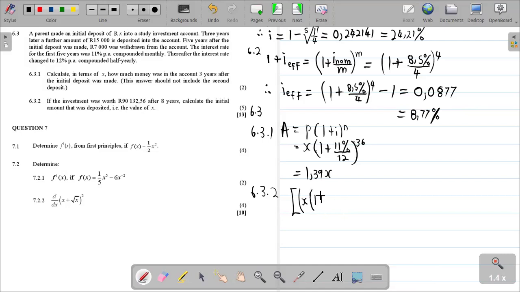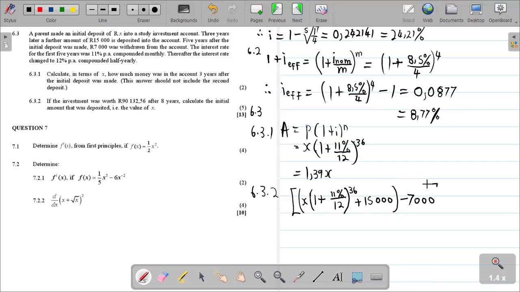We say 1 plus 11% compounded monthly, like that. Okay. And then for 3 years, so it's 36. And then they say another 15,000 was added, before a withdrawal of 7,000 was made.